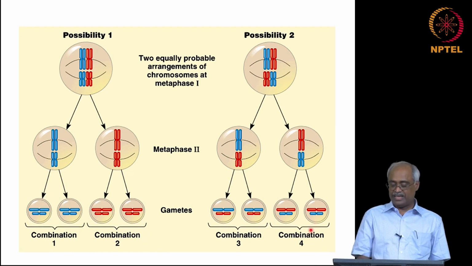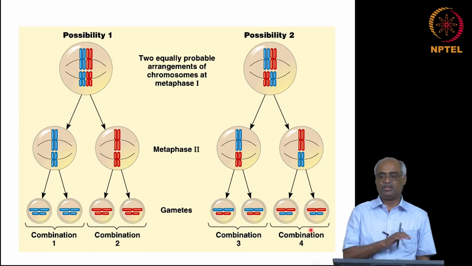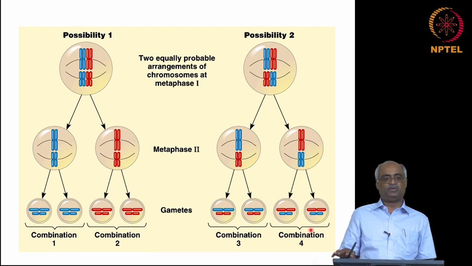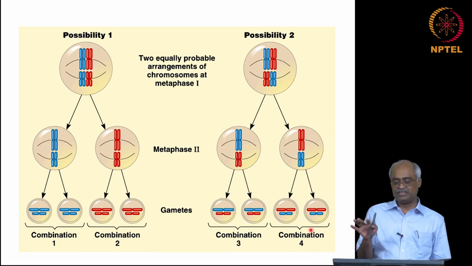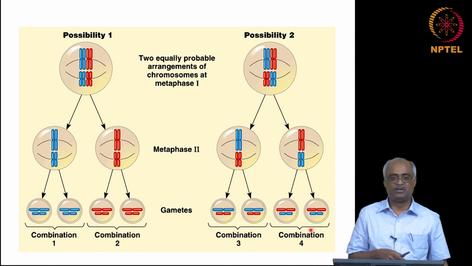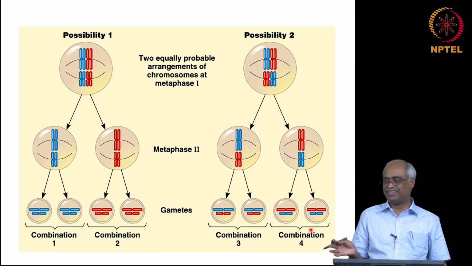So you could already have 4 different variations generated in the gamete even without mutations and allelic shuffling coming from crossover. Is this clear? So you need to remember, because these are all really fundamentals to follow what actually happens in biology. I do not worry about what happens in genetics, because this governs everything else.